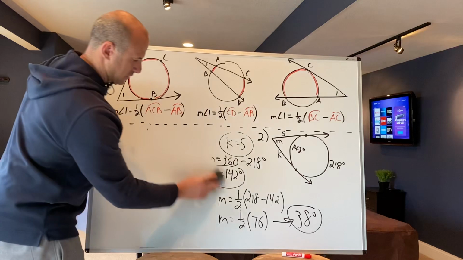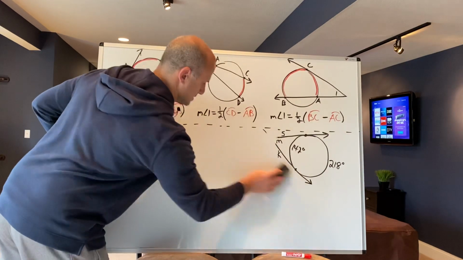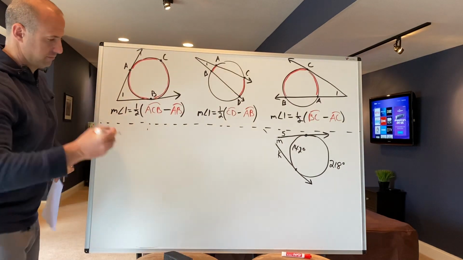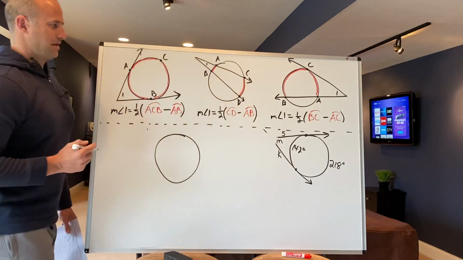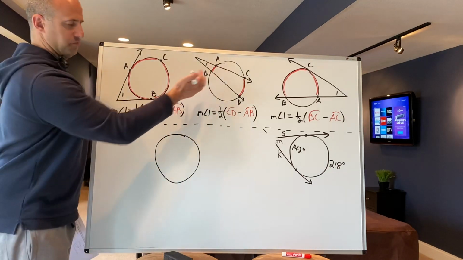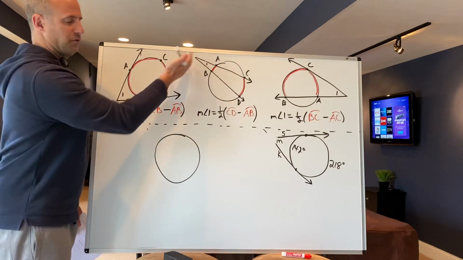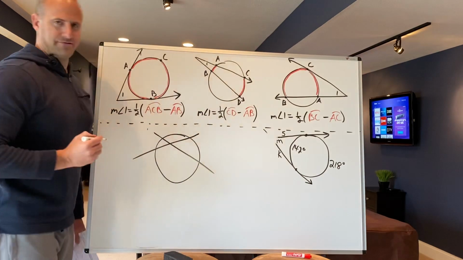And I didn't want to clutter your brains with this other one because it's sort of the oddball. All right, but here it is. What happens if you have a circle and instead of the 2, let's call them secants, instead of the 2 secants crossing outside, what if they crisscross inside?